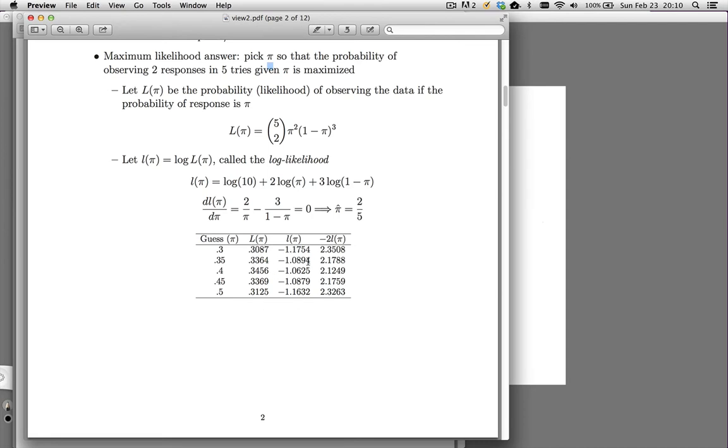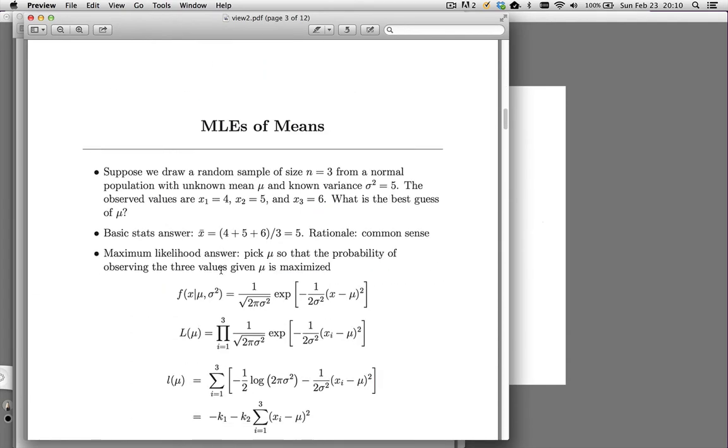I took the likelihood and the -2 log likelihood, and you'll see if we'd chosen a pi of 0.35, it wouldn't be quite as likely. We wouldn't have observed the data we have so much as if we pick 0.4. All right, so that's the idea of maximum likelihood.